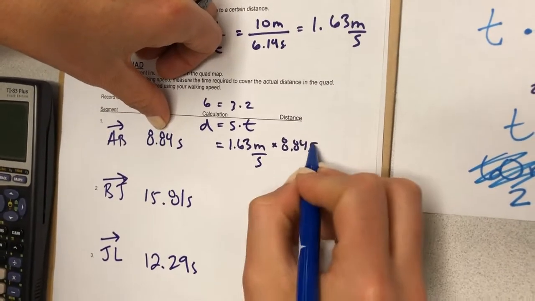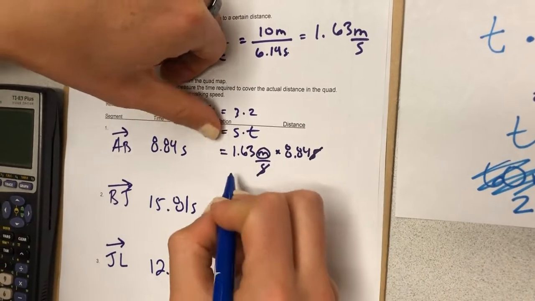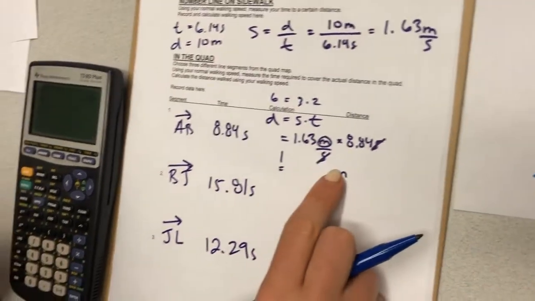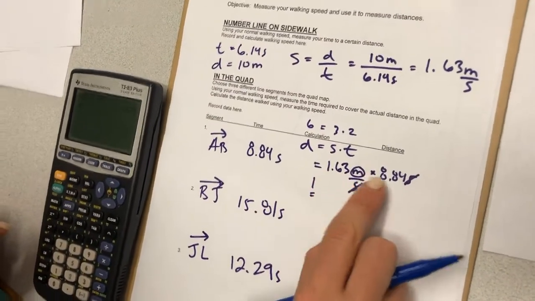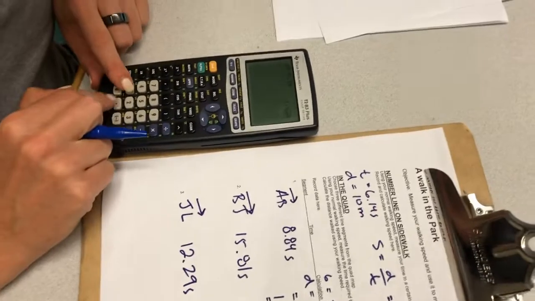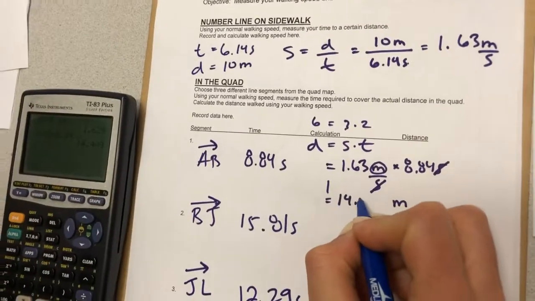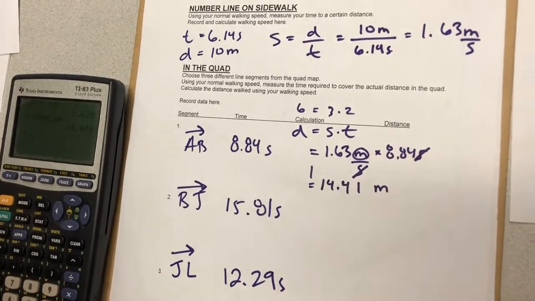This is nice because our units cancel here and we're left with meters, which is totally our units for distance. Excellent, I'll put that here. Now I'm going to do my math. 1.63 times 8.84. And I get 14.41, all right?